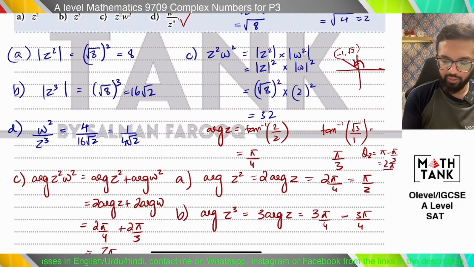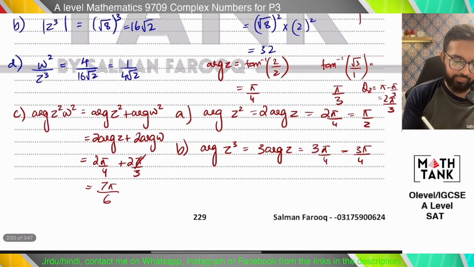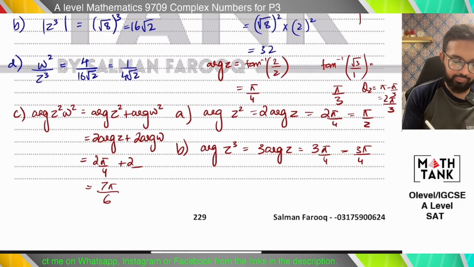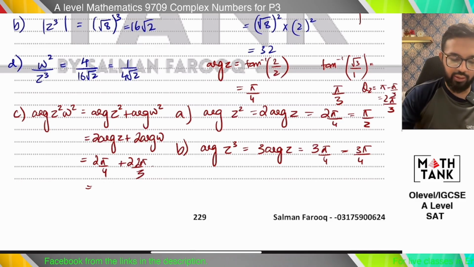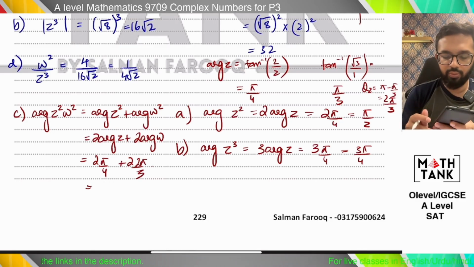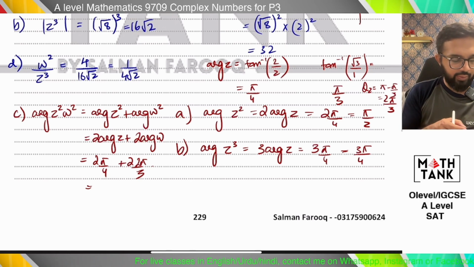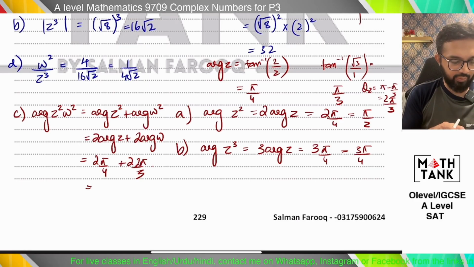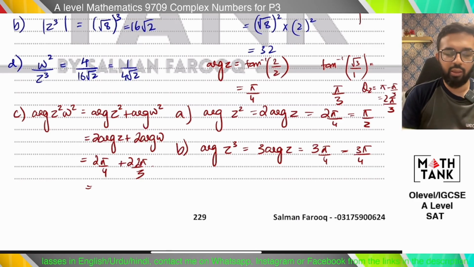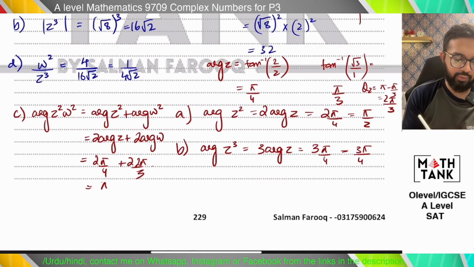It's 2 pi over 3. So 2 times 2 pi over 3 is 4 pi over 3, and 4 pi over 3 plus pi over 2 is 11 pi over 6.